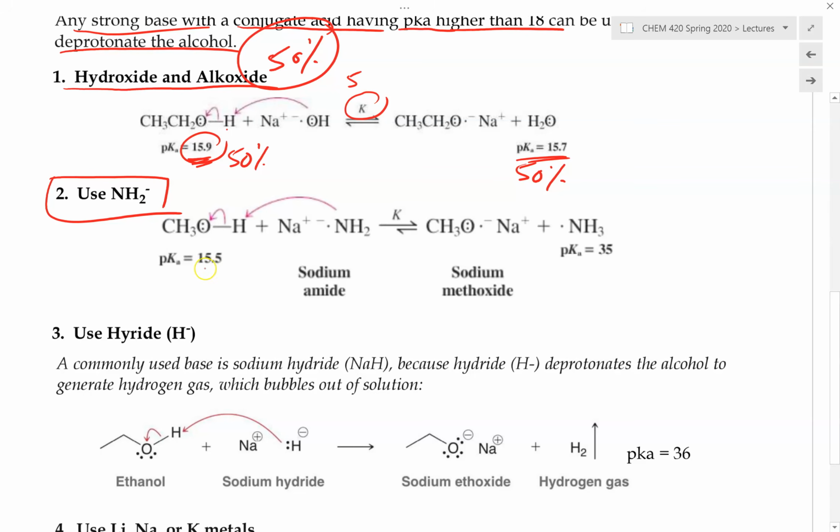So here in this case right here, again, if we were to take an alcohol and react this with sodium amide, the amide will be able to come in and deprotonate this, because the corresponding conjugate acid of this amide was then ammonia, and ammonia has a pKa of about 35. So that is significantly much higher than the pKa of the alcohol. So therefore, we would then have equilibrium that is very much pushed forward to the product side, to the formation of this ammonia right here.